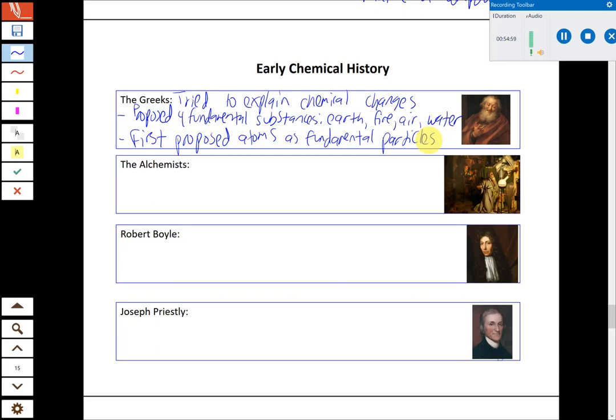A large part of chemical history during the AD period, up until basically the Middle Ages, was called alchemy. So you had the alchemists, as they're called, and they studied alchemy, which is what we would call a pseudoscience.